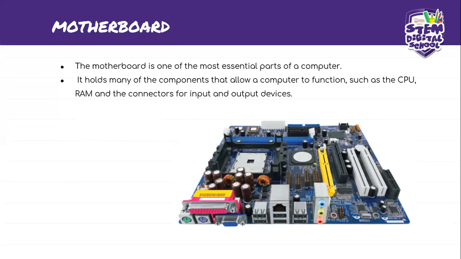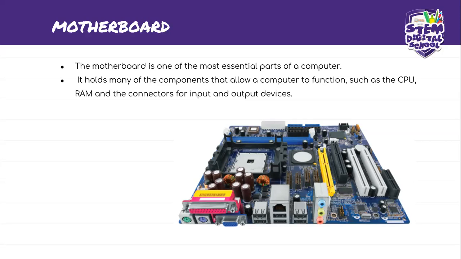It holds many of the components that allow a computer to function. So a motherboard is like a mother to the CPU, the RAM, the connectors, like those connectors where you can connect your keyboard, your printers. So a motherboard is like the mother for all of these components.